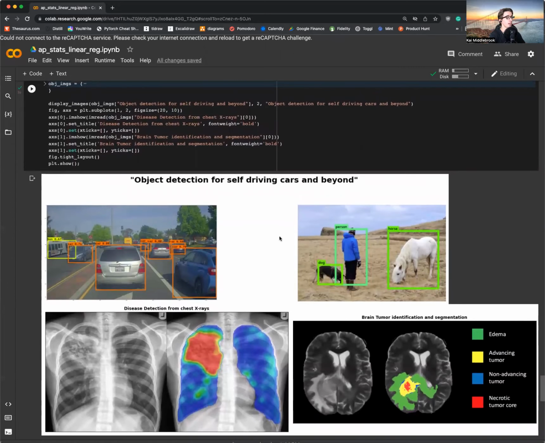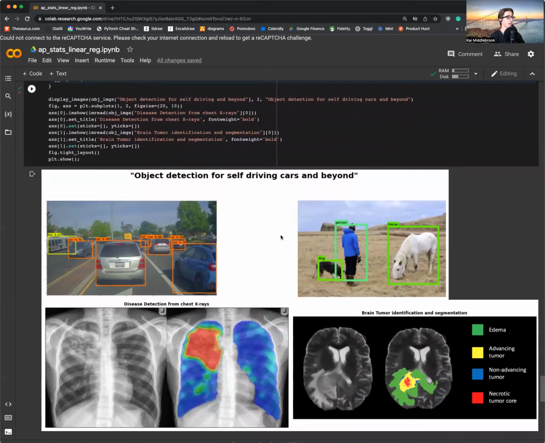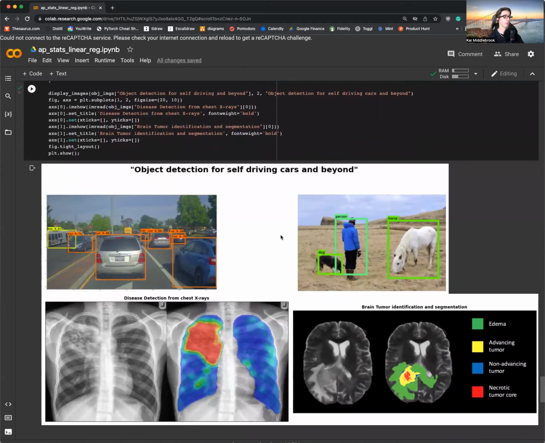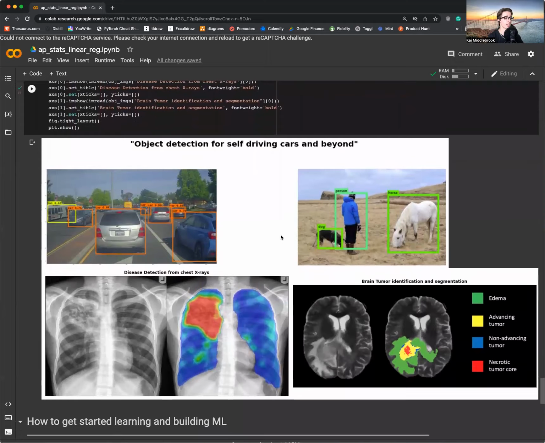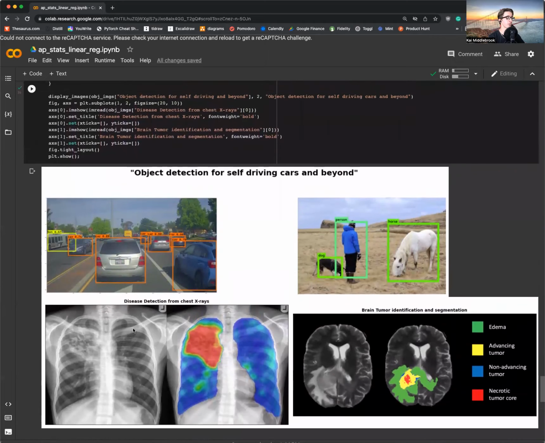And then for health and safety, there's another example where the machine learning model is given x-rays of potential pneumonia patients, and it helps doctors better diagnose patients and give them the correct diagnosis.